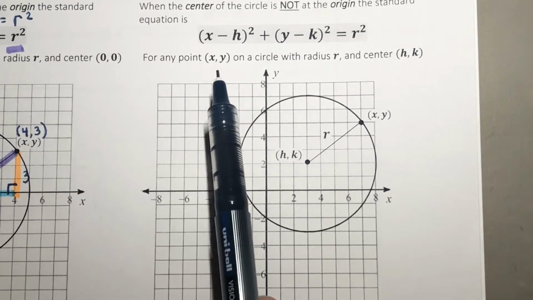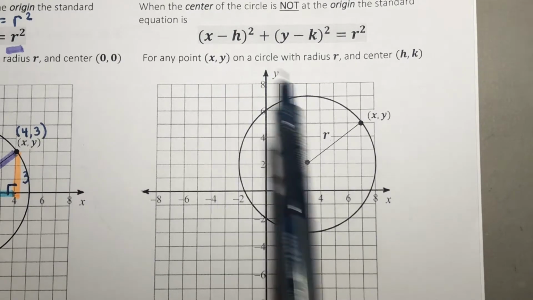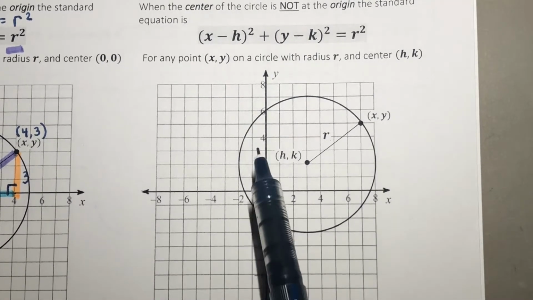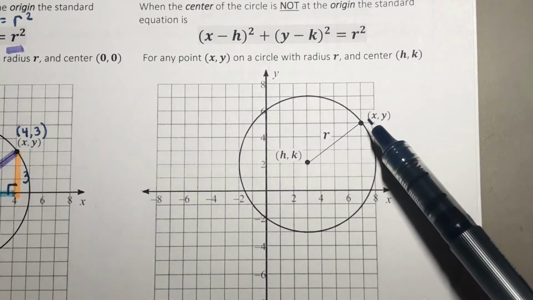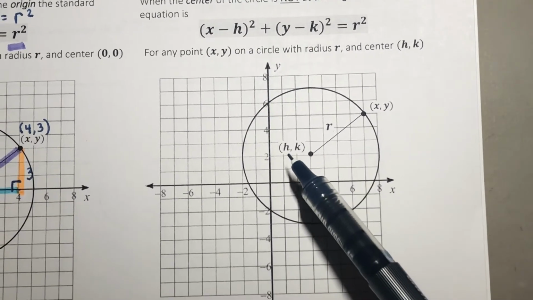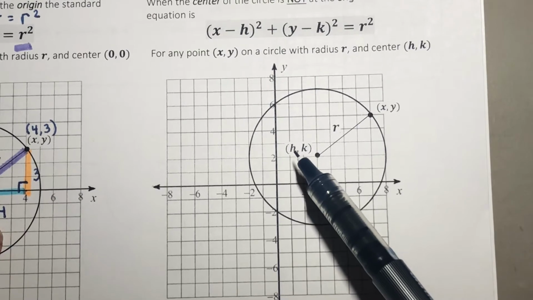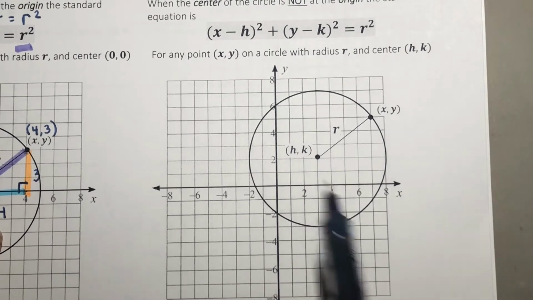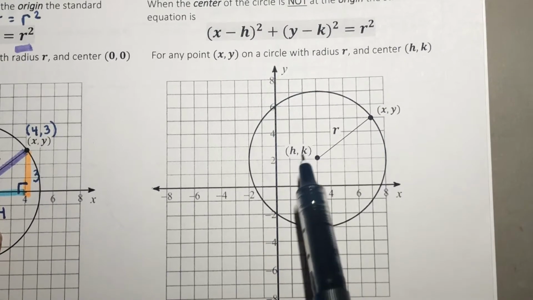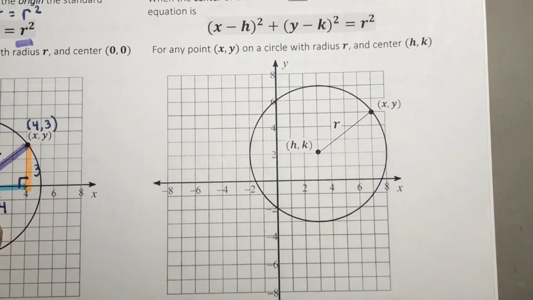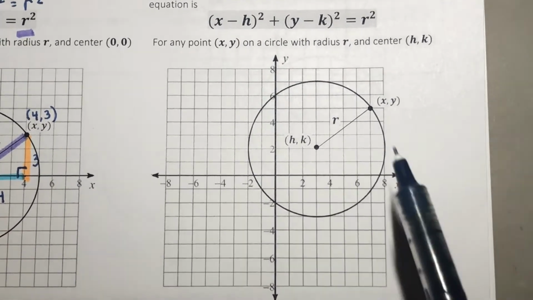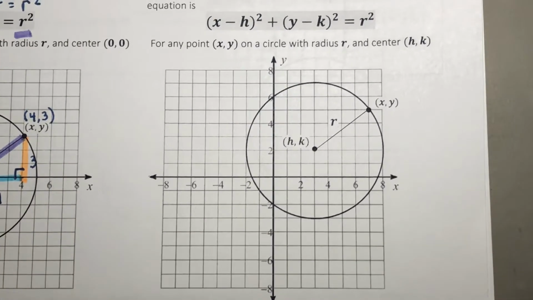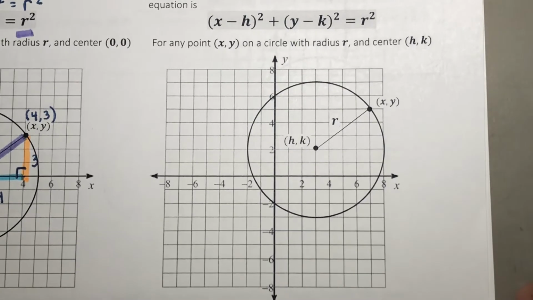For any point with coordinates x and y on a circle with radius r and center with coordinates h, k. Okay, so right here, these letters, the h and the k, are just placeholders for the coordinates of the center. This is just a general example, where we're using letters as placeholders.